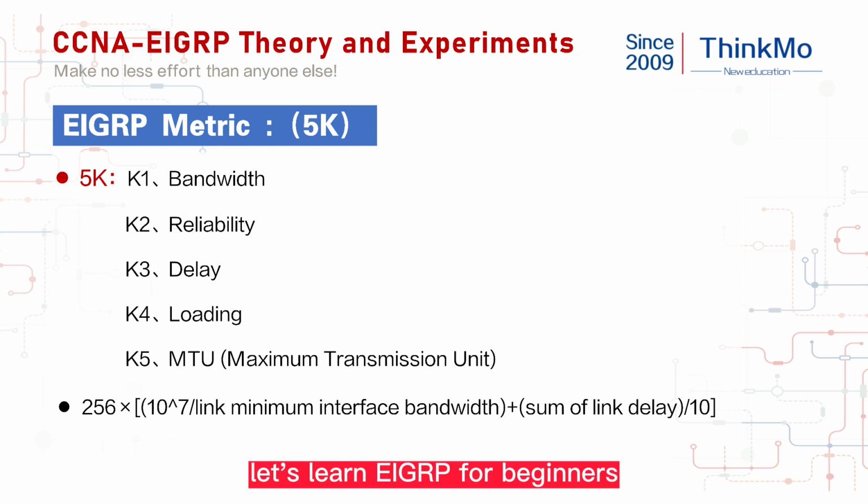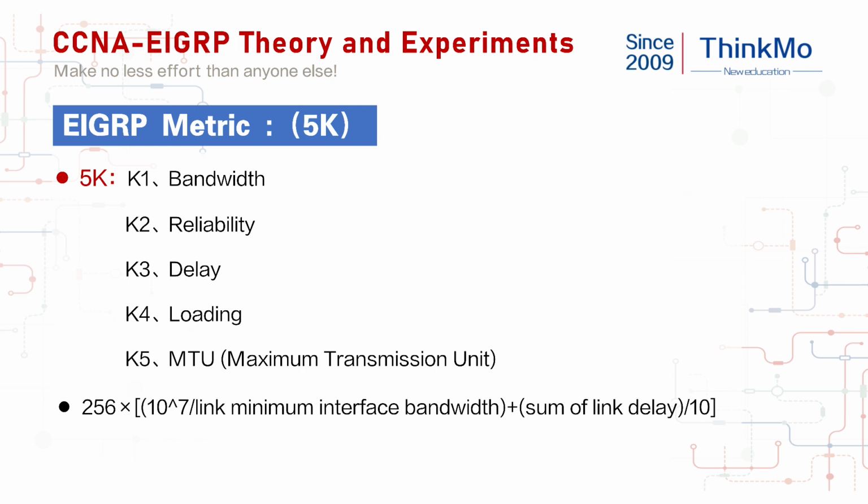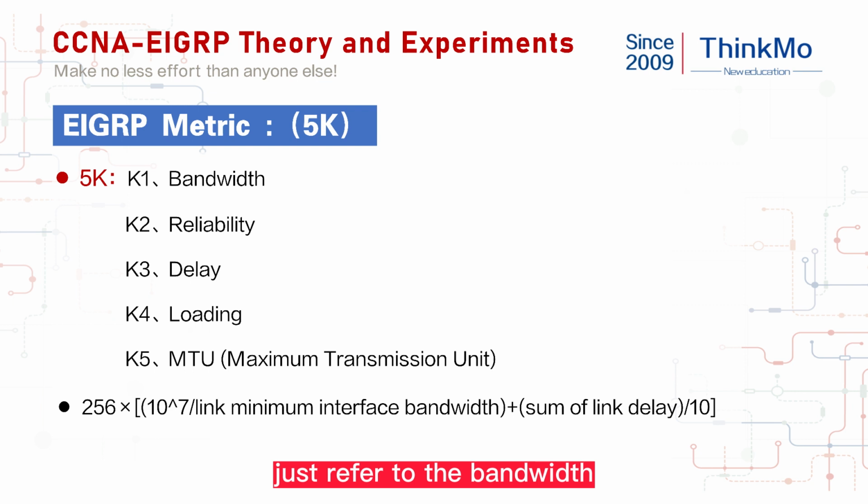Let's learn EIGRP for beginners. Only focus on 2: 1 is bandwidth, 1 is delay. Usually reliability, load, and MTU we often don't think about. For OSPF, just refer to the bandwidth. EIGRP references 5 options.